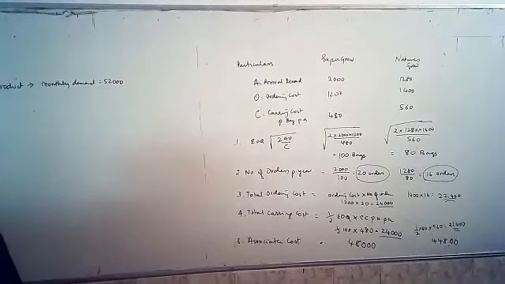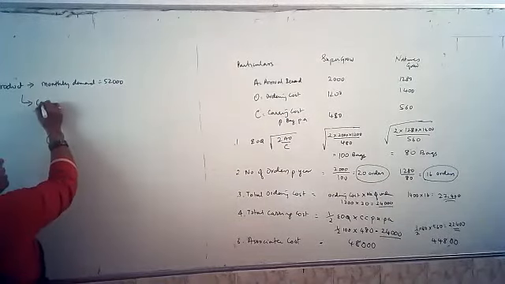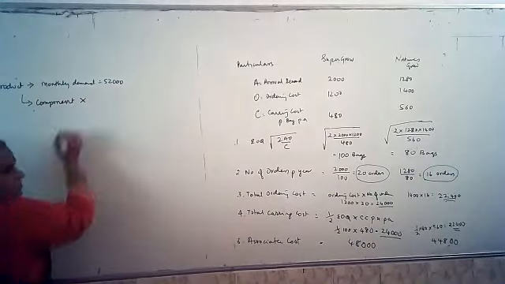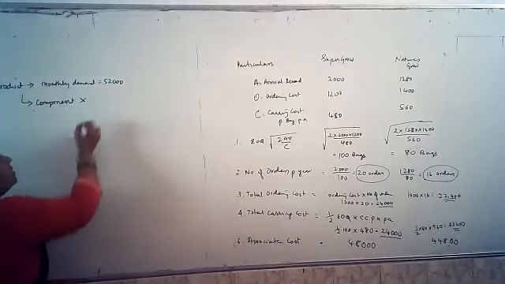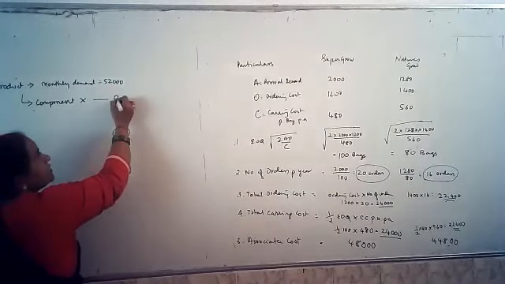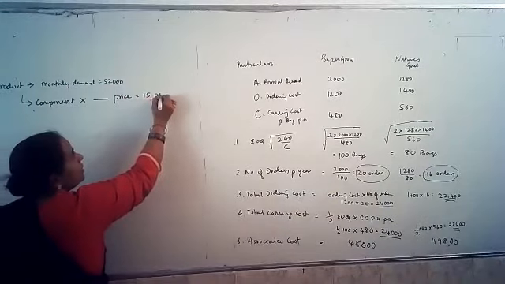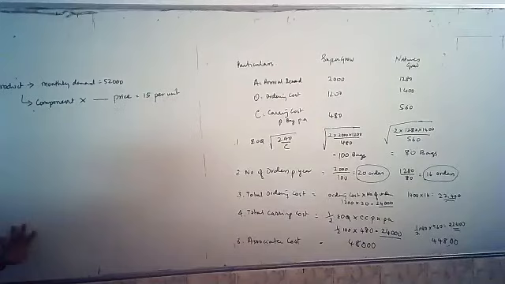Okay. Now next, the product requires a component X. So to manufacture this product, I need component X. Now that particular component X is purchased at a price of 15 rupees per unit.